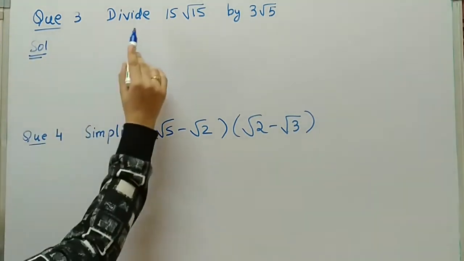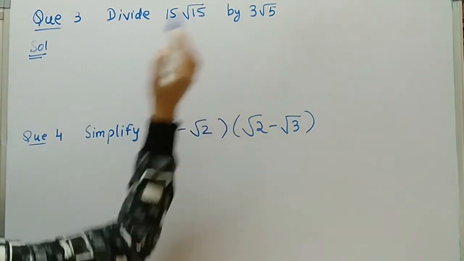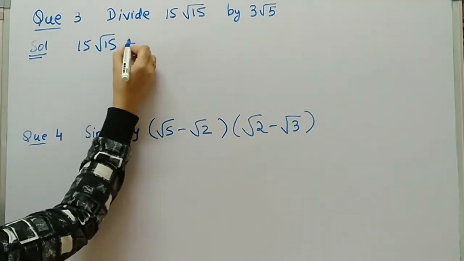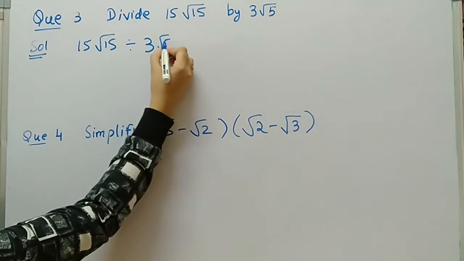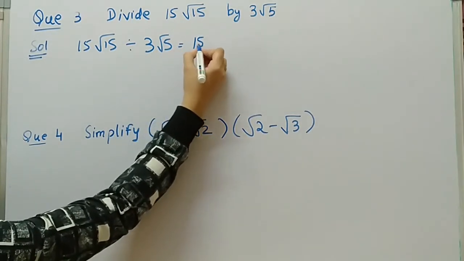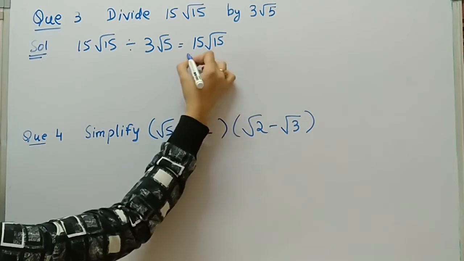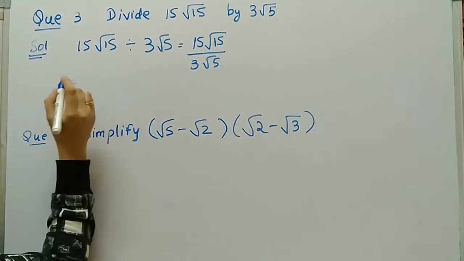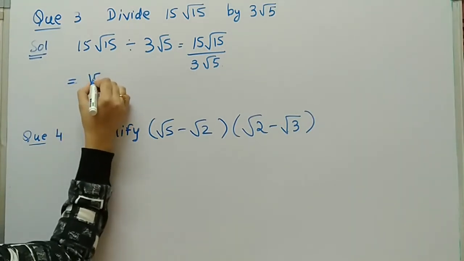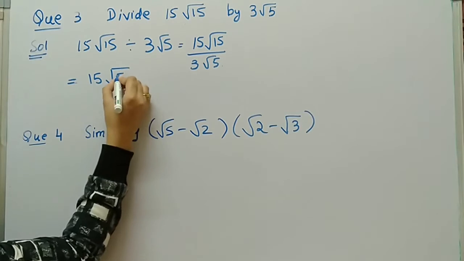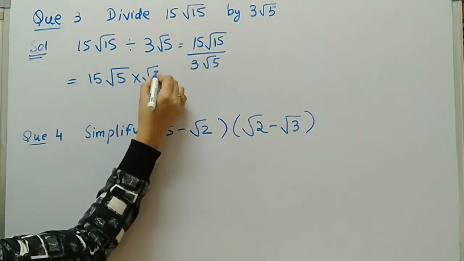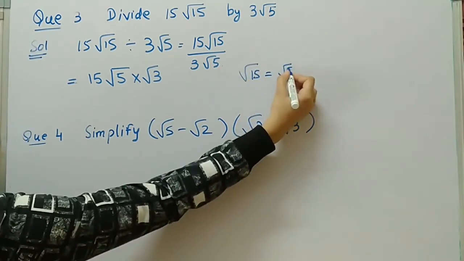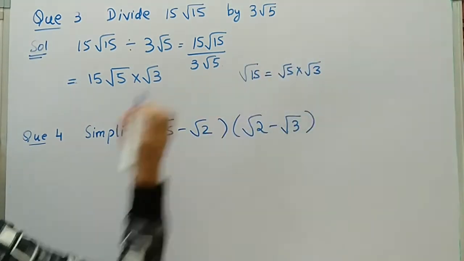Question number 3. Divide 15 root 15 by 3 root 5. So 15 root 15 divided by 3 root 5, which is equal to 15 root 15 upon 3 root 5. Now this can be written as 15 root 5 multiplied by root 3, since we can write root 15 is equal to root 5 into root 3.